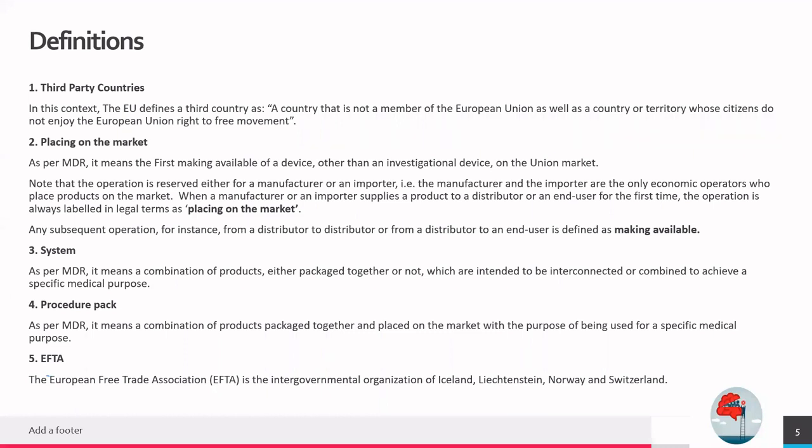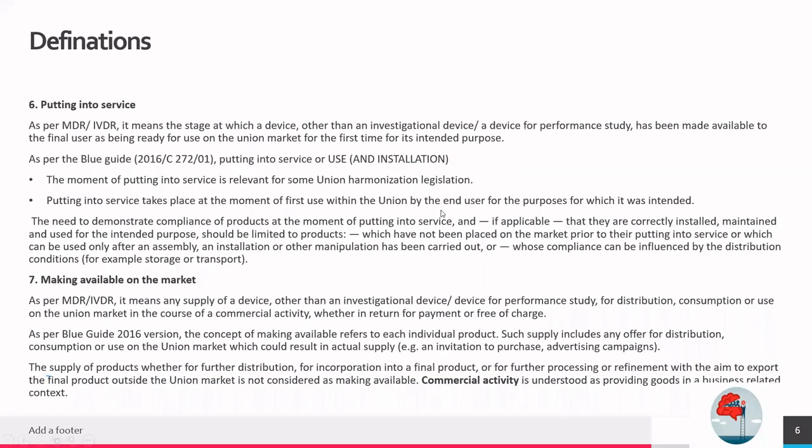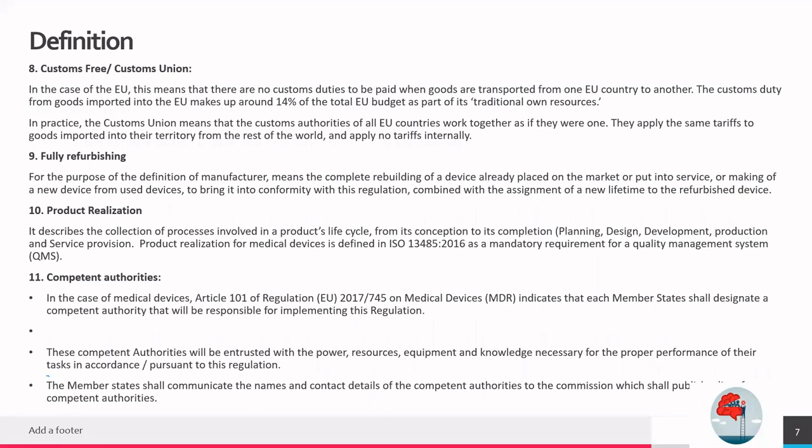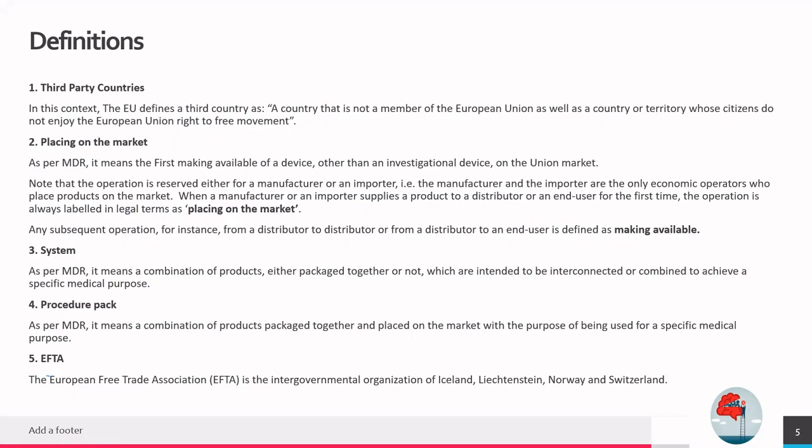Now coming to the other part: placing on the market, making available on the market, and another definition, putting into service. These 3 definitions you should know as a fundamental thing.